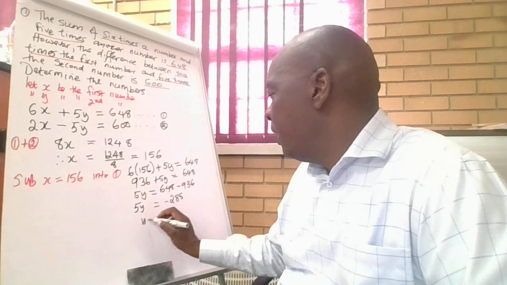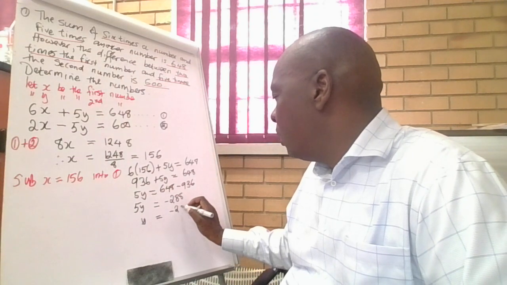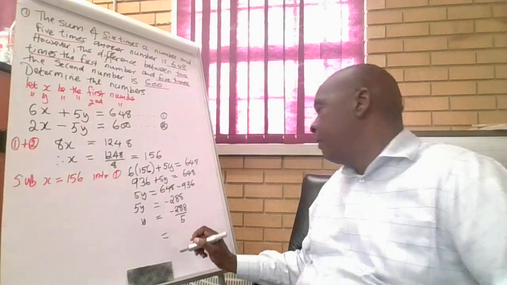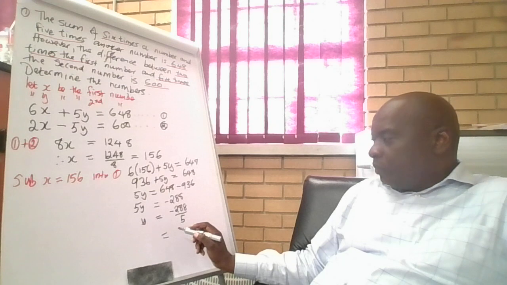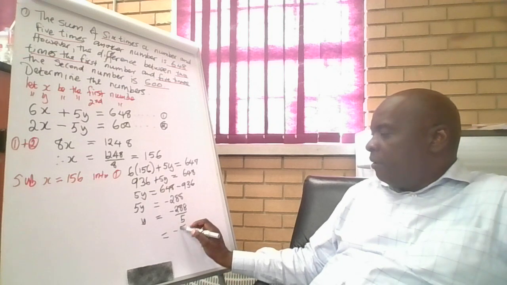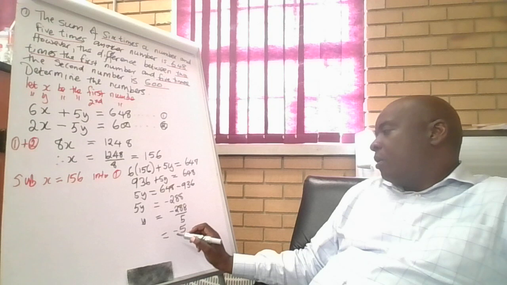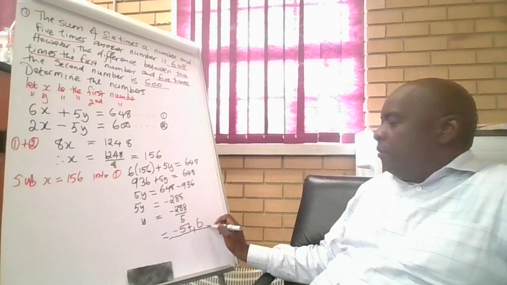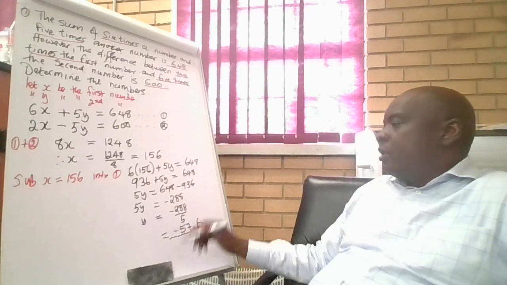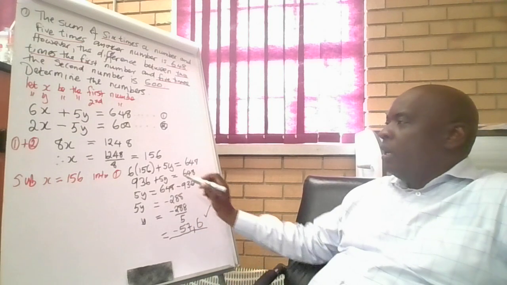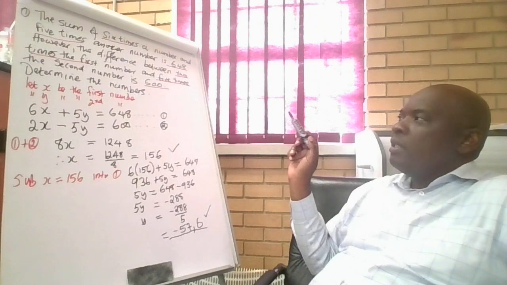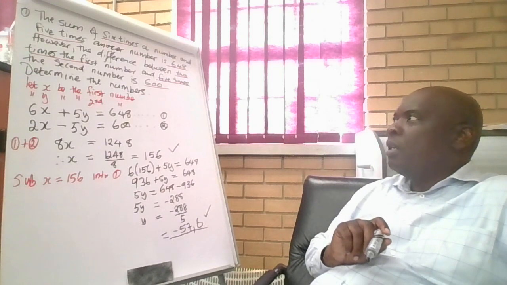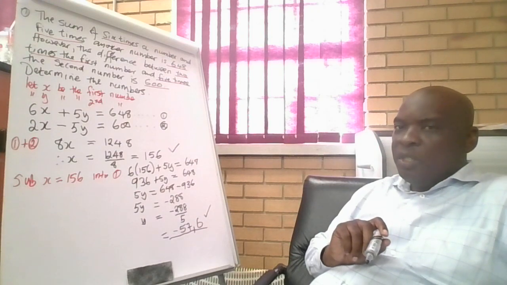So we can now divide by 5 both sides, minus 288 divided by 5, and that should give us minus 57.6. So we have found the value of y, and we found the value of x. Remember, x is the first number and y is the second number. So we have found these two numbers given this information.